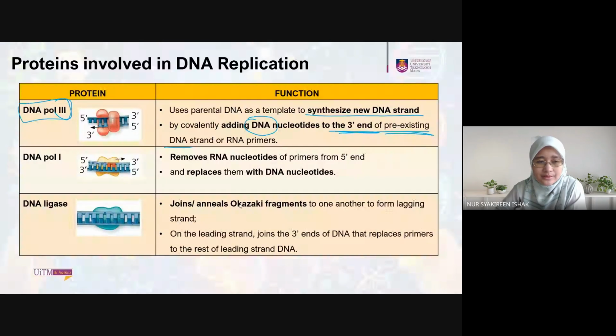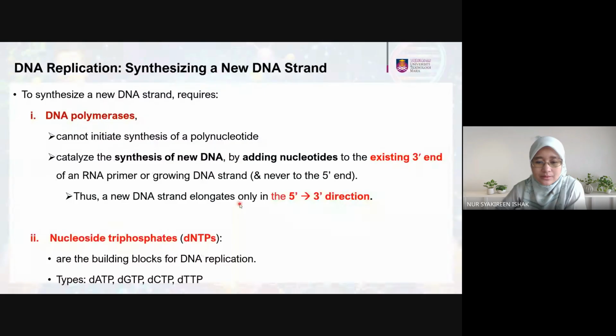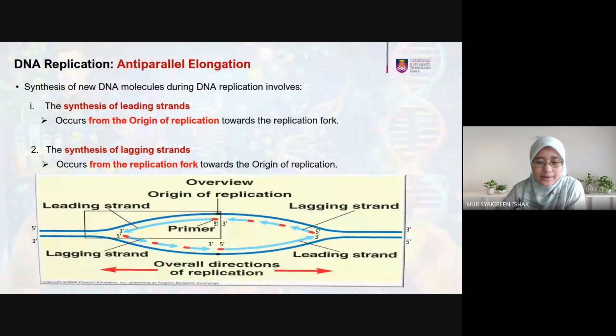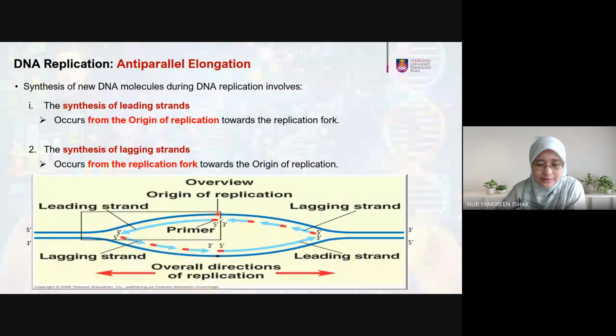So the primer is synthesized. This is the 5' end of the primer, and here is the 3' end of the primer. Once a 3' end has been synthesized, then only DNA polymerase 3 can add DNA nucleotides.